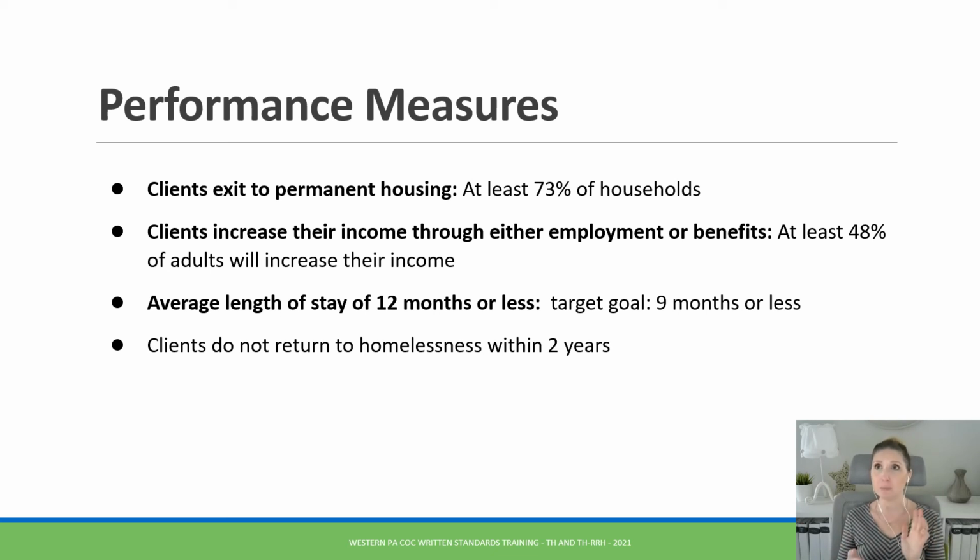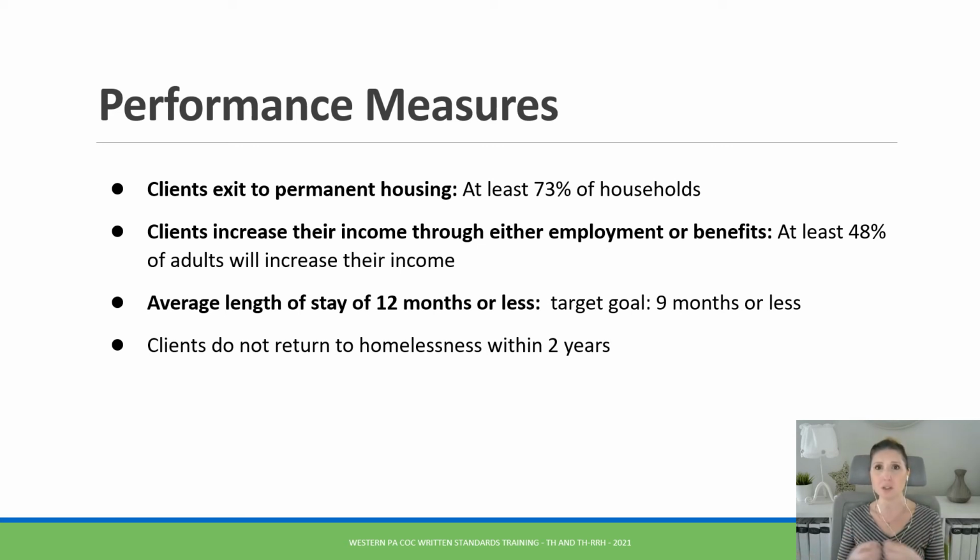And I will just say that usually the biggest snag here, because you can't necessarily control if someone increases their income or not, although perhaps through case management there can be some job searching or obtaining benefits or things of that nature.